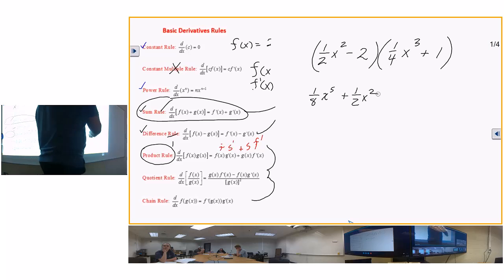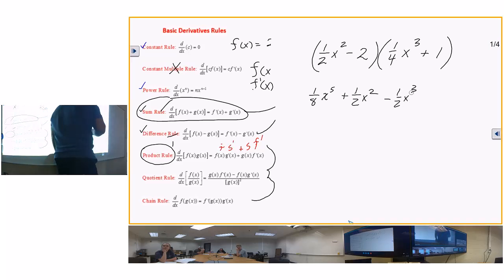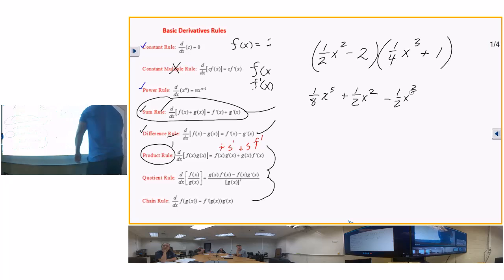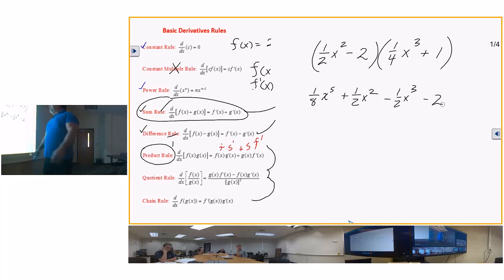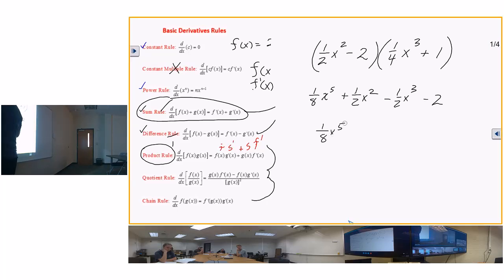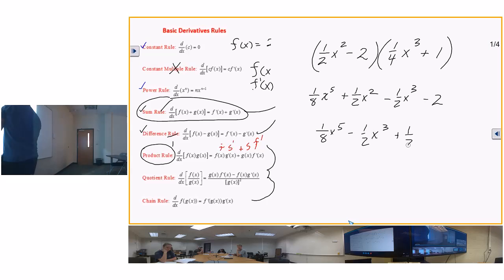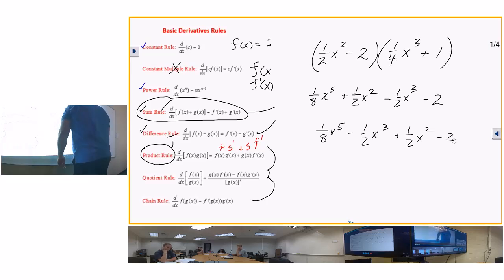Inside, 1/2 x to the 3rd. Then what? -2. Put in order. 1/8 x to the 5th minus 1/2 x to the 3rd plus 1/2 x squared minus 2.